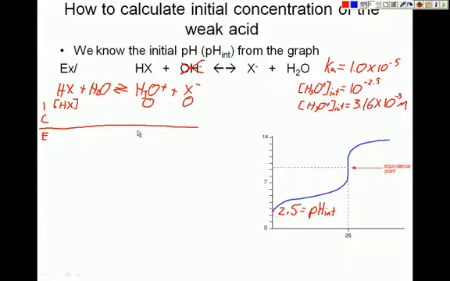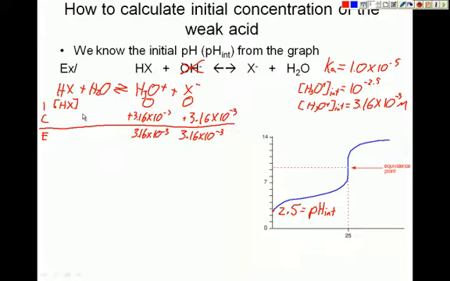So the concentration of H3O plus is 3.16 times 10 to the minus 3, and since it's a 1 to 1 to 1 ratio, X minus is also 3.16 times 10 to the minus 3. That means H3O plus had to increase by 3.16 times 10 to the minus 3, and X minus also had to increase by 3.16 times 10 to the minus 3.